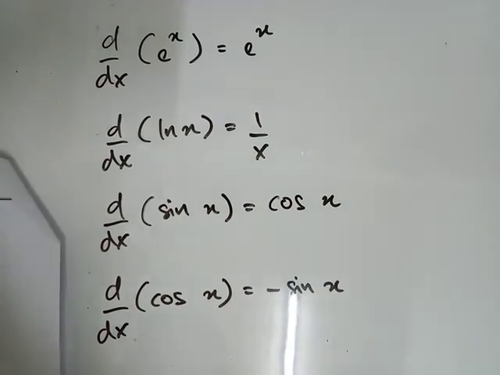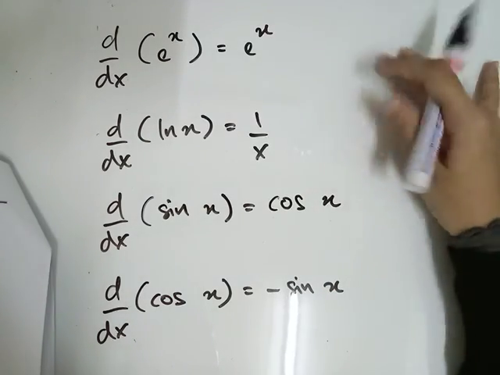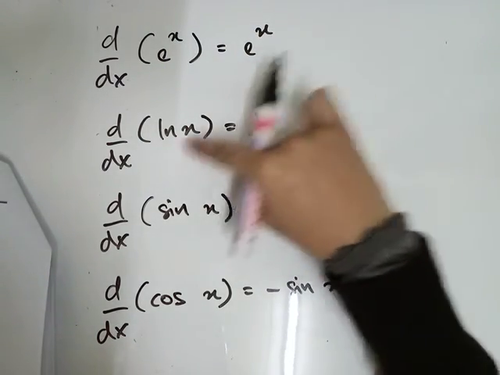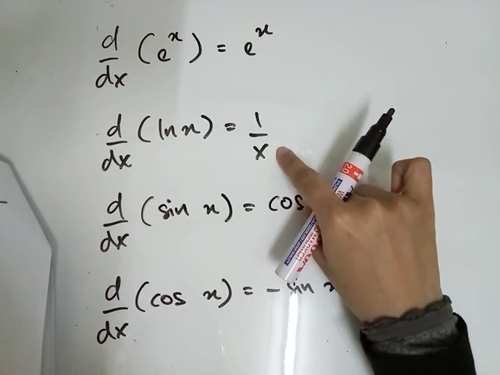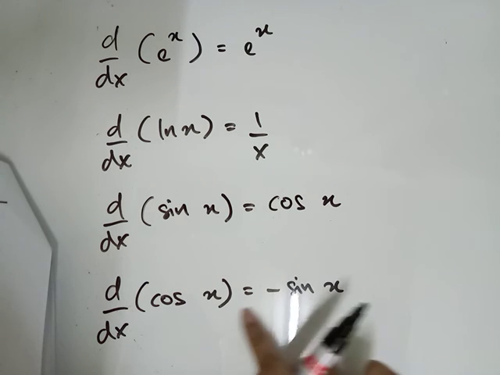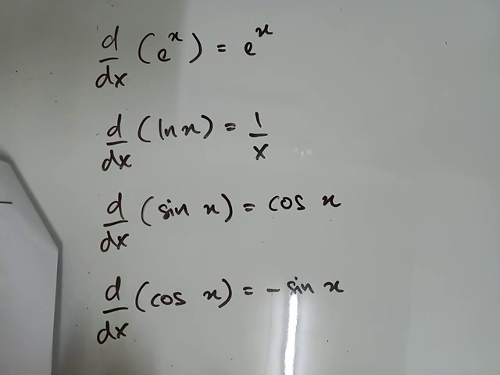So these are the differentiation concepts you have to remember. If you differentiate exponent x, the answer is exponent x. Differentiate ln x, the answer is 1 over x. Differentiate sin x equals cos x. Differentiate cos x equals negative sin x. Okay. Can you understand?